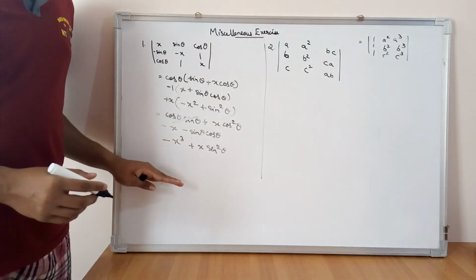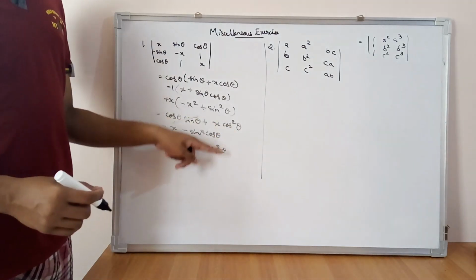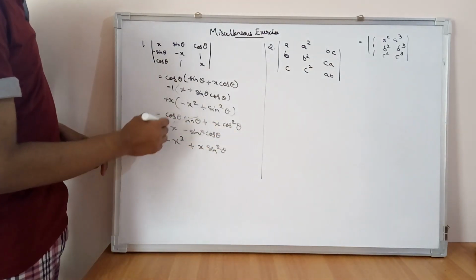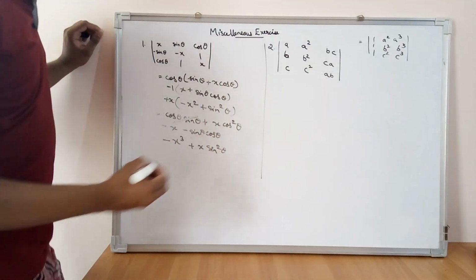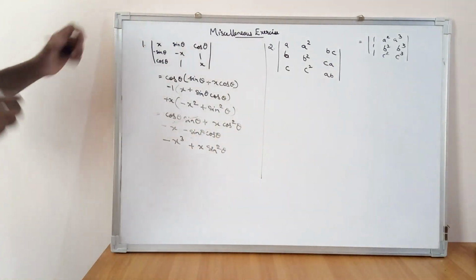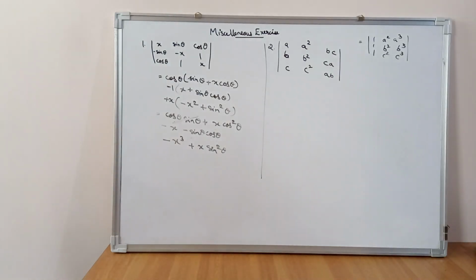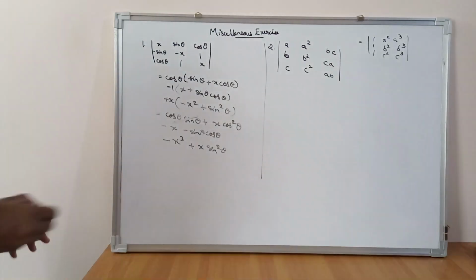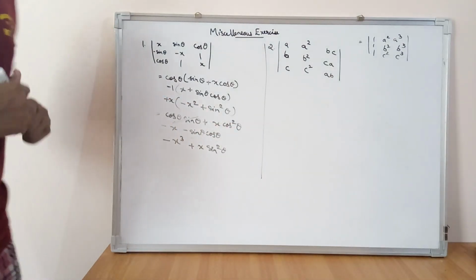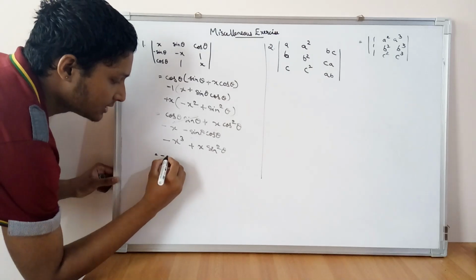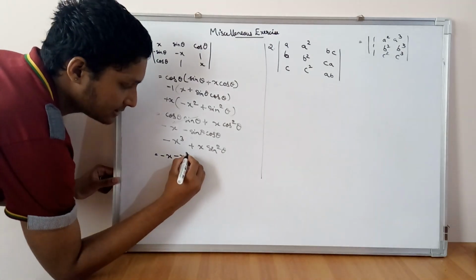So we are asked to show that it is going to be independent of theta. So what is the next part? We'll think about the trigonometric identities for solving this. Because it is sin square and cos square theta, I take x common outside. I'll first write what is remaining here, minus x and minus x cube.